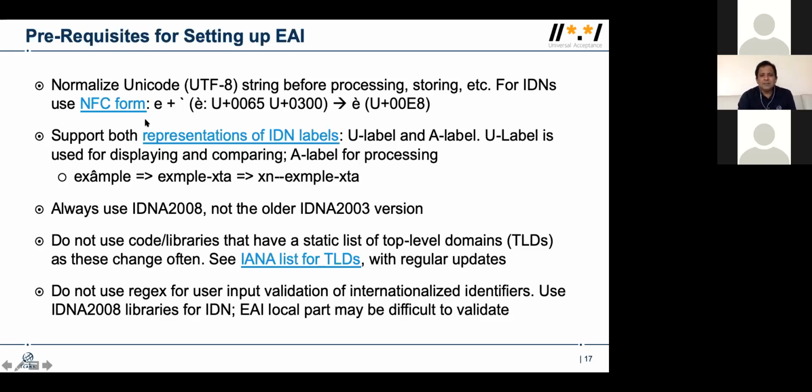And then also there are some representations that we consider here. That stands for U label and A label, right? So U label is based on the Unicode label, and A label is the ASCII label.